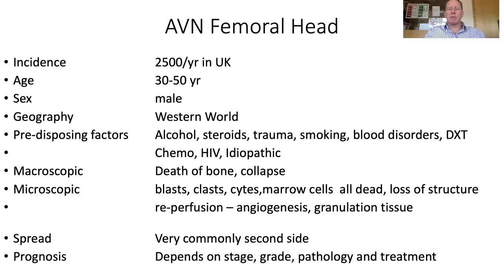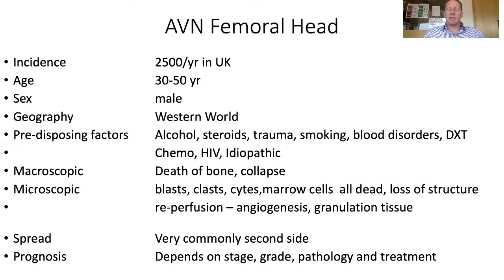Eventually you'll get reperfusion, and microscopically when reperfusion occurs, you'll see angiogenesis, and if you biopsy the tissue at the edge of an AVN infarct, you'll find granulation tissue. So the idea is that all avascular necrosis will eventually heal. It's just that it generally tends to collapse before it can heal, and so the final result is arthritis.